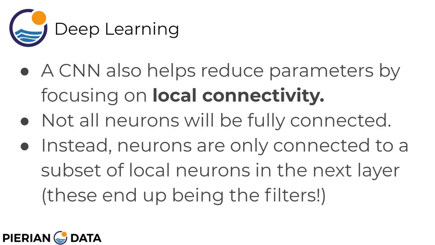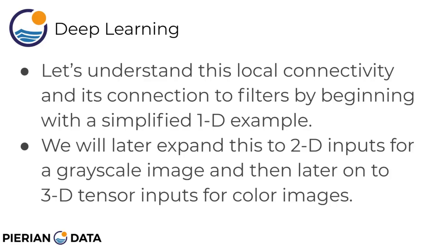In a convolutional layer, not all neurons will be fully connected. Instead, neurons are only connected to a subset of local neurons in the next layer, and these end up becoming the filters.